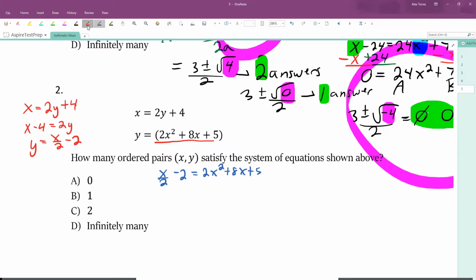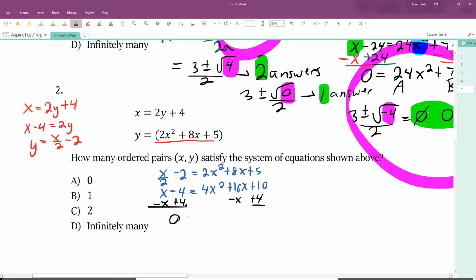Now we're simplifying. We're multiplying both sides by 2. Now, because it's a quadratic, our instinct needs to be to get one side of the equation equal to 0. So we're taking away x and adding 4 to both sides.